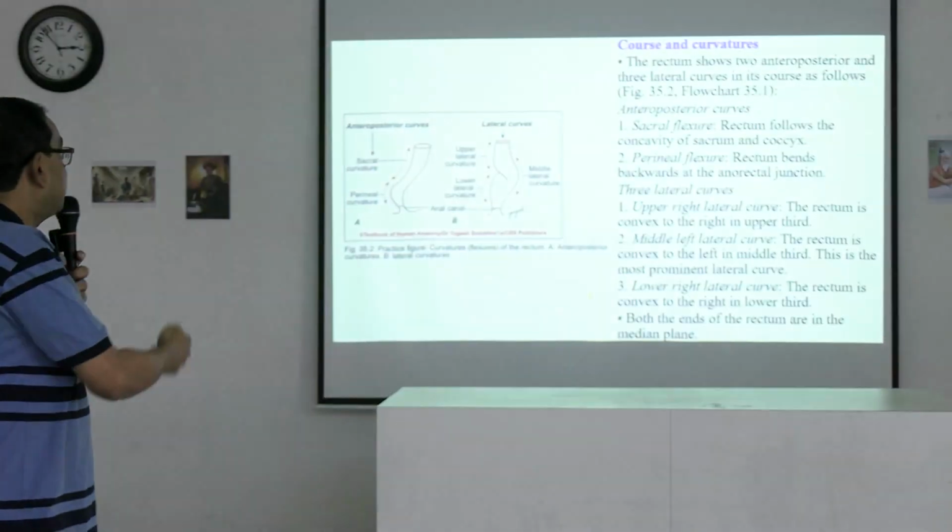Now here you can see the peritoneal relation. Actually, if we divide the rectum into upper 1/3, middle 1/3 and lower 1/3, only the upper 1/3 is wrapped with peritoneum on all sides.